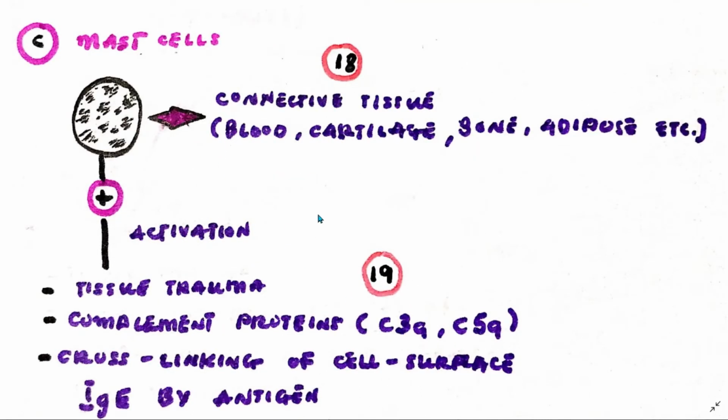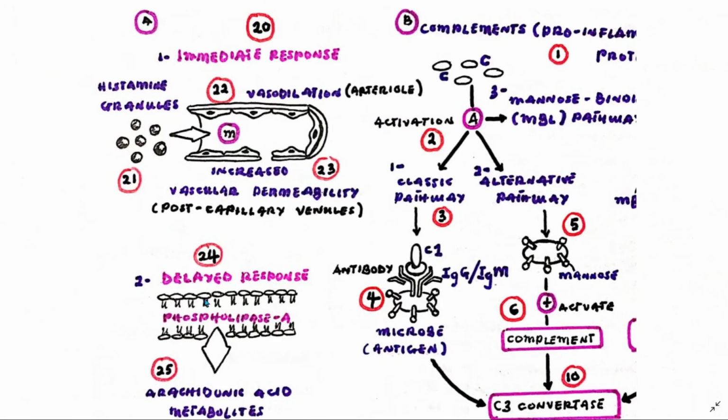Now let's talk briefly about mast cells. So mast cells are widely distributed throughout connective tissue, and they are activated by tissue trauma, complement proteins such as C3a and C5a, as well as the cross-linking of cell surface immunoglobulin E by antigens.